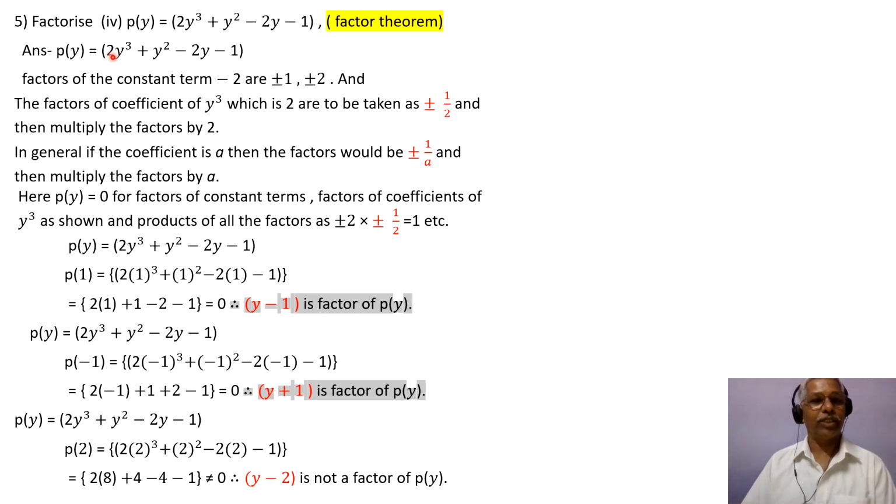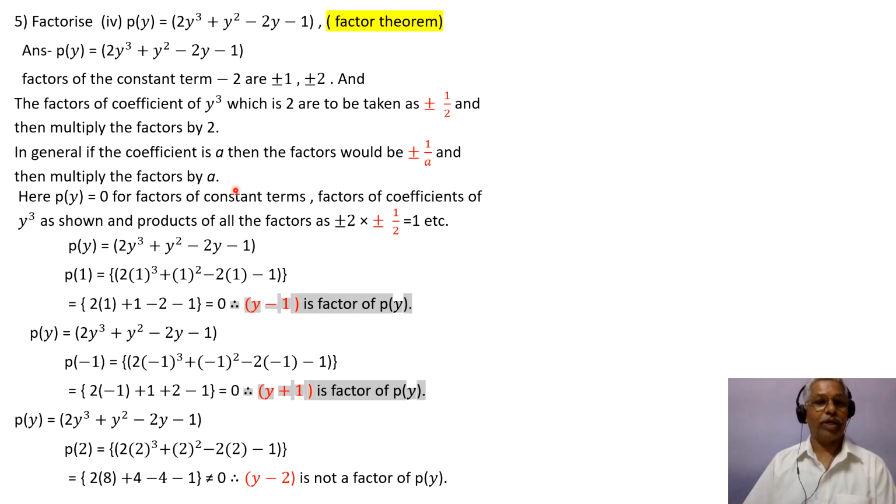Or if you want this coefficient to be 1, then we have to divide the whole polynomial by 2 and multiply by 2. So factors of the coefficient of y cube, which is 2, are to be taken as plus minus 1. That means we have to divide by 2 and then multiply the factors by 2. So in general, if the coefficient is a, then factors will be plus minus a, and then multiply the factors by a.